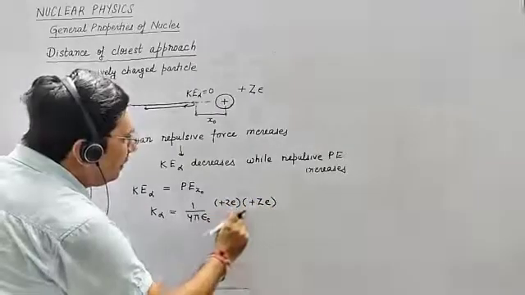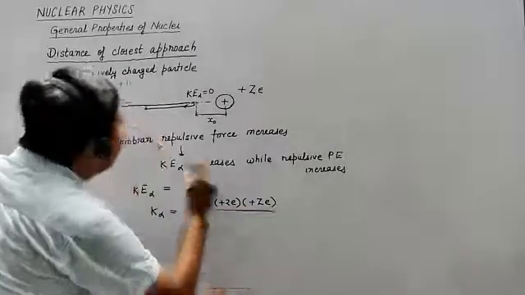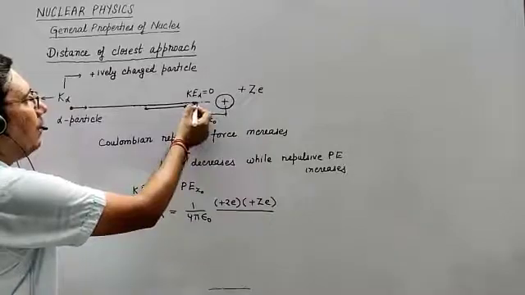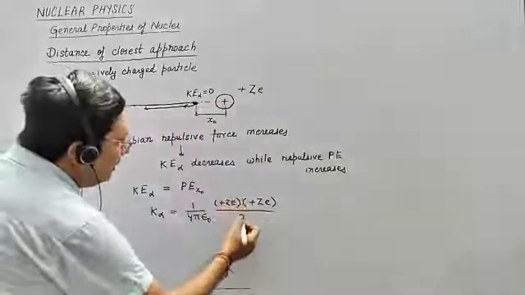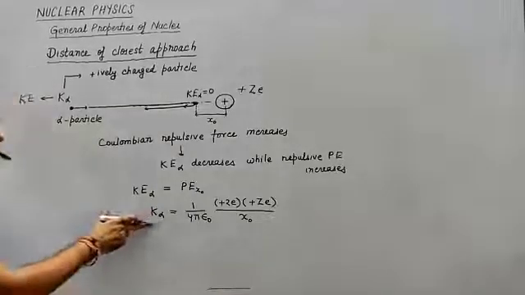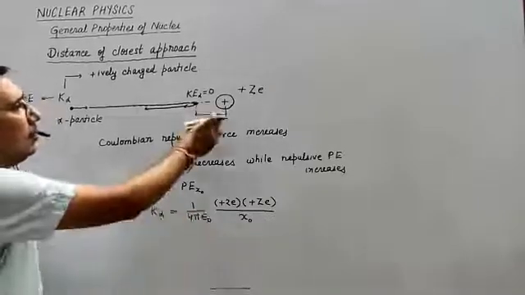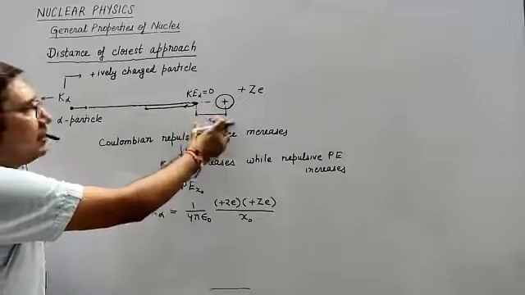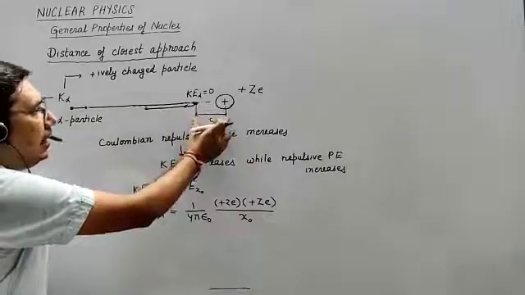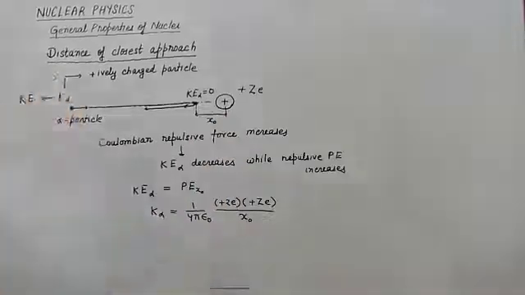So this will be 2e into Ze divided by the separation between the alpha particle and the nucleus. This is x naught. So by equating the initial kinetic energy of the alpha particle with the potential energy of the system at this distance of closest approach x naught, we can find out the value of x naught.